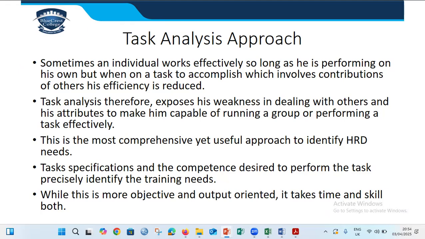Even though this is more objective and output oriented, it takes time and skill, right? You need a lot of time and skill to be able to perform the task analysis. But once this is done, it is more objective and output oriented.